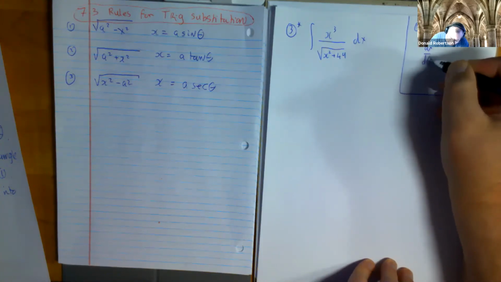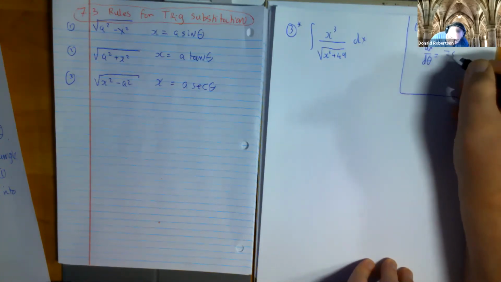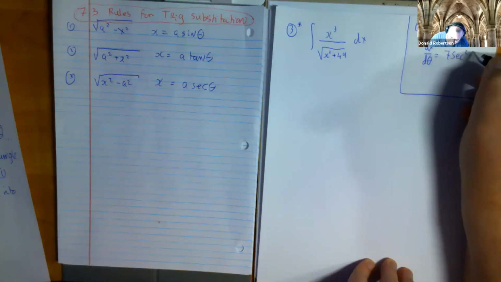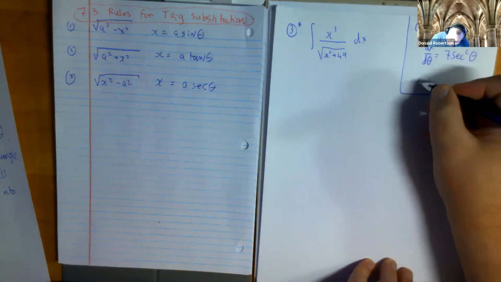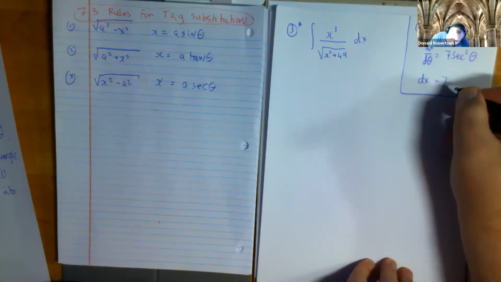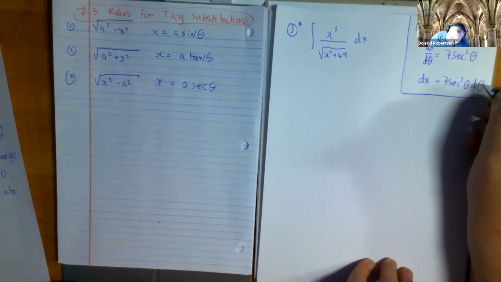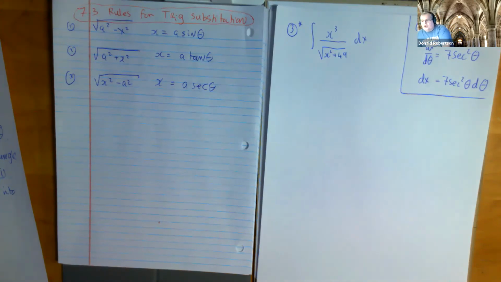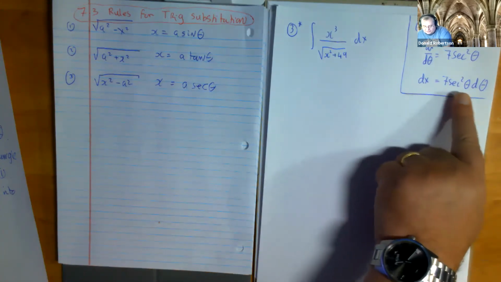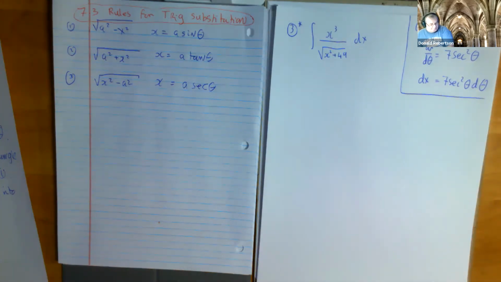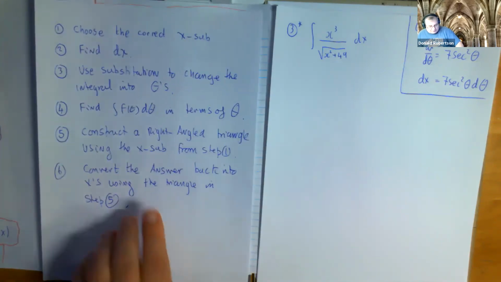You're just going to differentiate with respect to theta, which we all know is secant squared theta. And then we're going to do the crossover. But in these questions, you always end up with 3 lines rather than the typical 4 that you get in a U sub, because I now know what dx is in terms of theta.